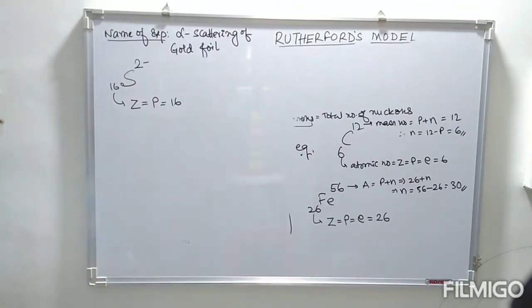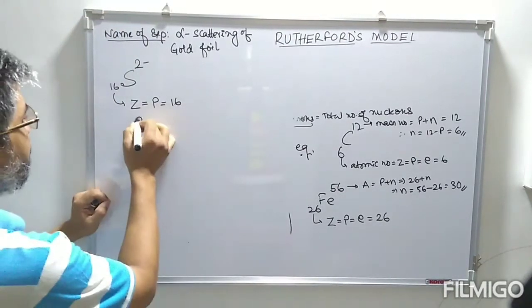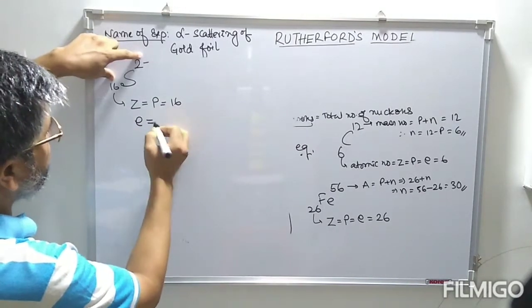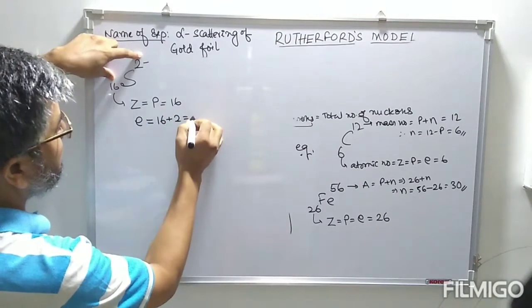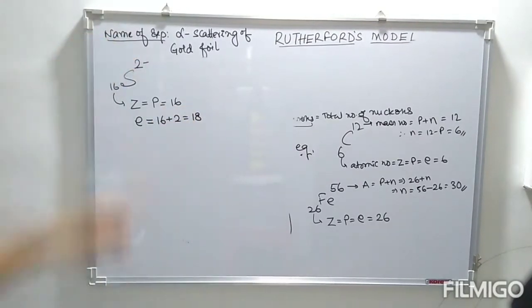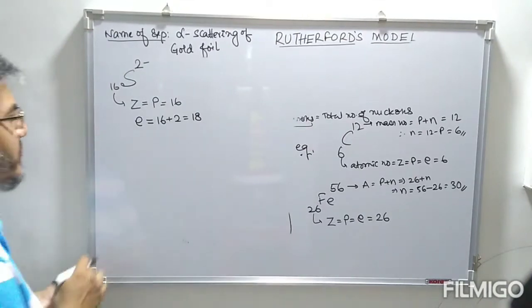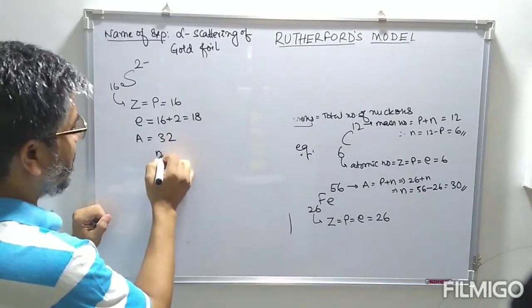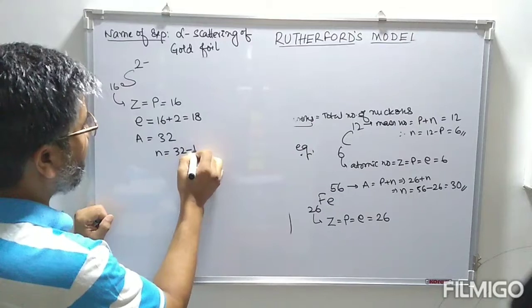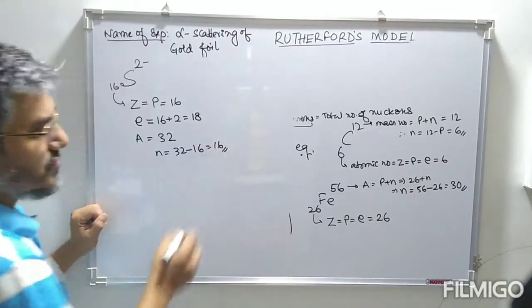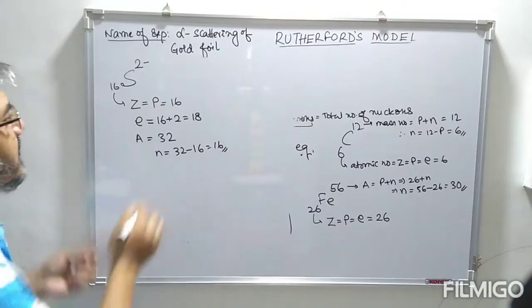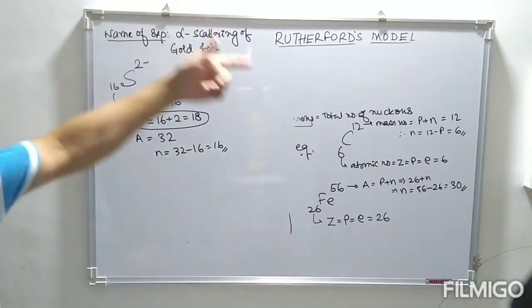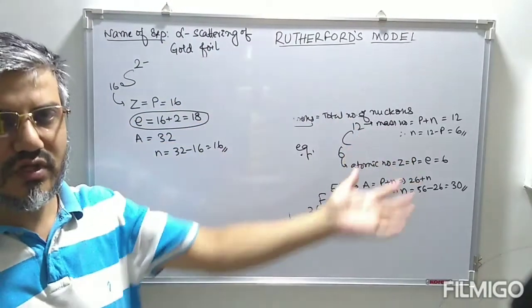Negative charge is due to addition of electrons. So the number of electrons is 16 plus 2, that is 18 electrons present. But the mass number will remain as it is, 32. So therefore the number of neutrons is 32 minus 16, that is 16. 16 protons and 16 neutrons are present, but the number of electrons is increased. So for every negative charge we add 1 more electron.